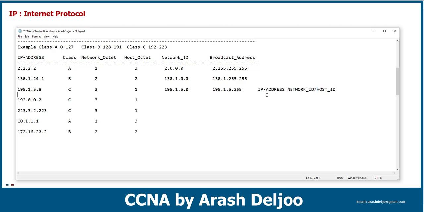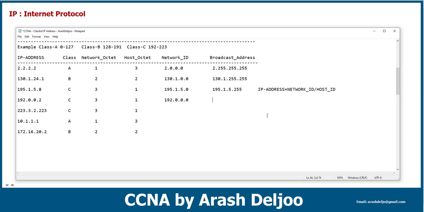For example, in this example, as you can see, 195.15.0 is the network address or network ID. After that, we have the broadcast address, where I used all of the host bits 1. After that, again, we have another class C IP address, 192.0.0, then 0. This is the network ID or network address.